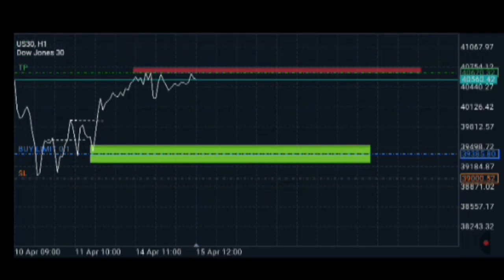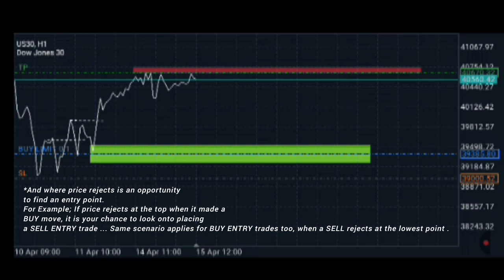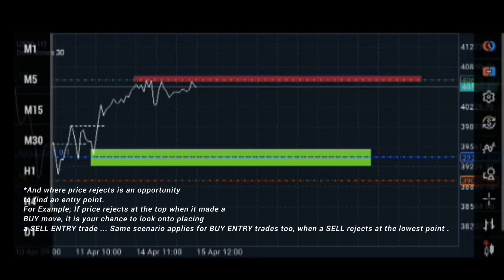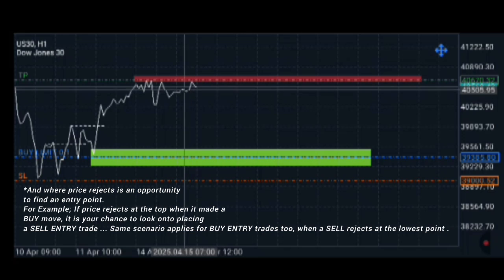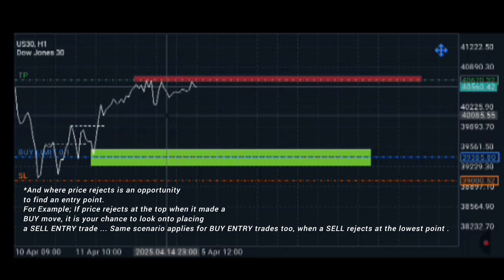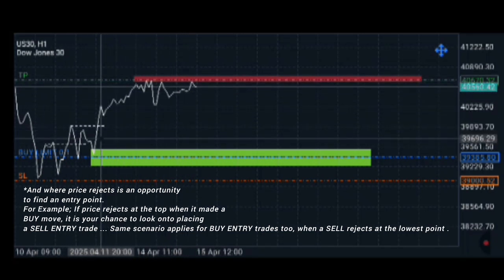So that's basically how point of interest works. Point of interest is the point where price rejects, and this as a whole is a market structure. Market structure tells us about the direction of the current price.